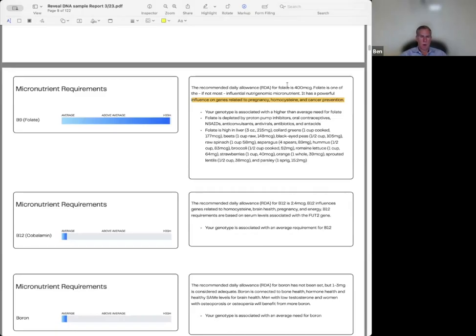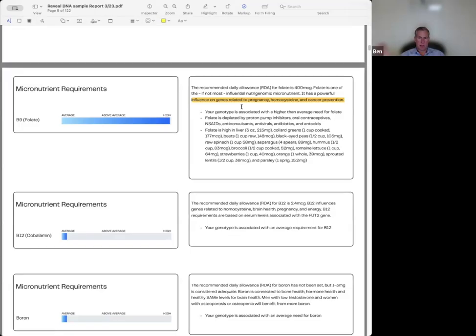Next, B9. This person also has a high need for B9. And you're going to see these tests are going to be all over the place. Some will be high here and low here and low here and high here and average and everywhere in between because we're all unique and different. It's not one size fits all, but it does flow all in the same sequence. So this person has a very high need for folate. It's a very influential nutrigenomic micronutrient.